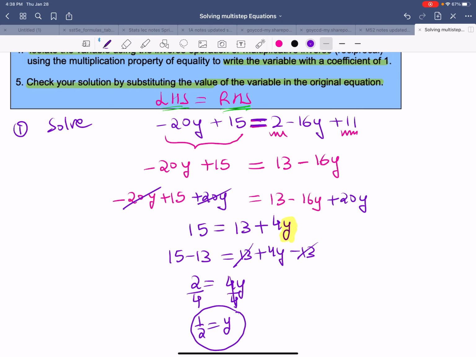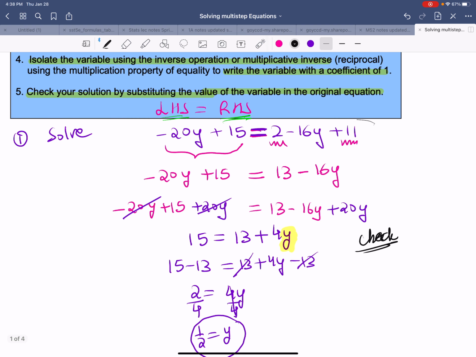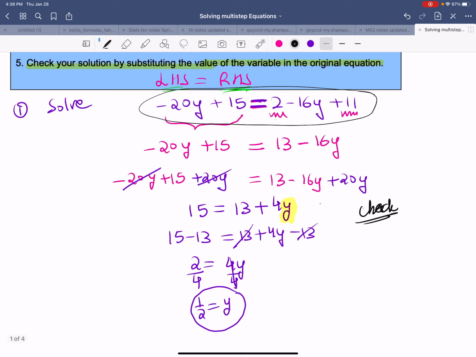And before I circle this, I should check my answer to make sure that this is the correct answer. And if I have made a mistake, my left and right-hand side would not turn out to be equal. You always plug it into the original equation. Plug it back into the original equation. So for the checking work, I'm going to plug into negative 20 times whatever I'm replacing the y with.